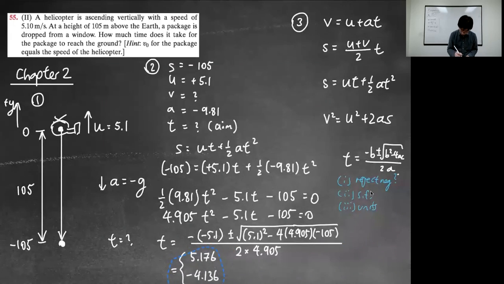That would usually be better. And the answer over here, so we can say, therefore, the time it takes is 5.17. We'll round that to 5.17 and reject the negative. So it takes that long to land. Okay, all right. So give it a try yourself and see if you can reproduce this answer.